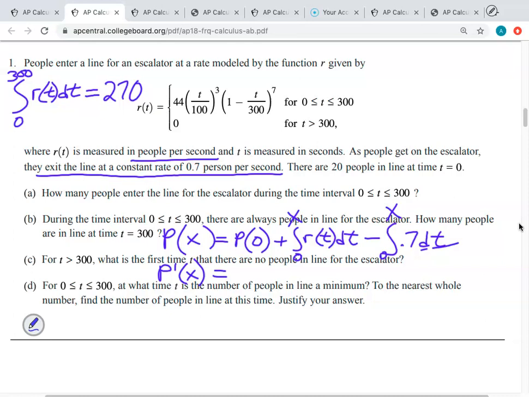It's r of x. Now, you know what I'm sure the College Board did? I would almost guarantee it. My guess, so that it works out nicely, is they called this t and they called this x, just so that you have t's in your final answer. Because I think that you're right. I think it works out better there. So let's call this p prime of t.